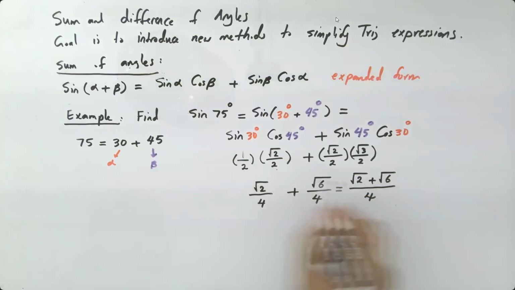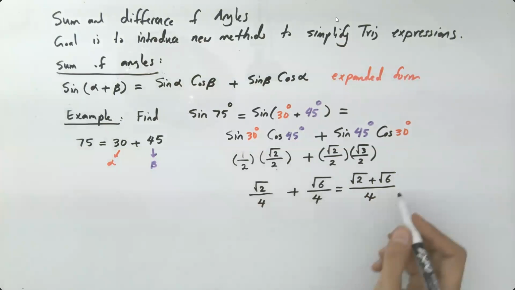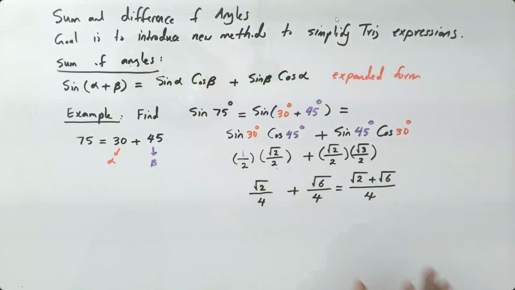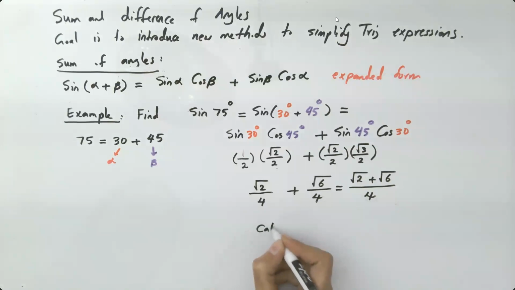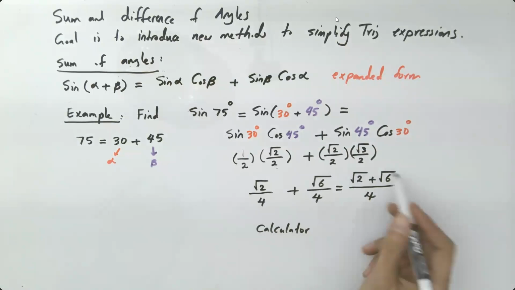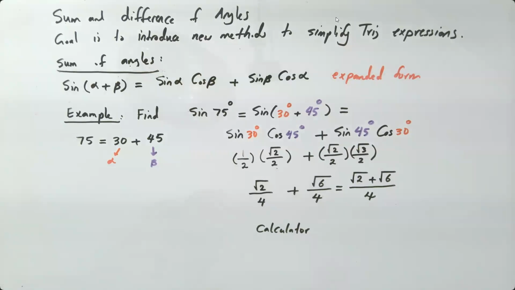You can leave it as it is, or you can simplify this more using your calculator. So if you use your calculator, you can approximate this, or you can just leave it as it is. So here you have square root of 2 plus square root of 6, and then divide this guy by 4.